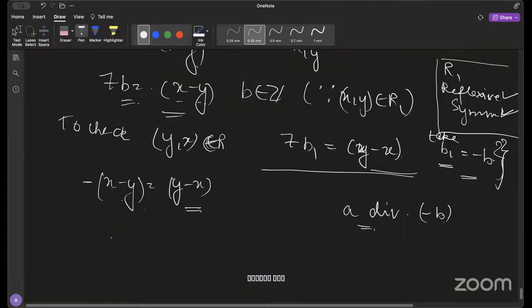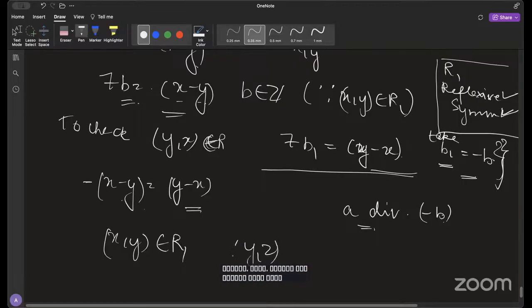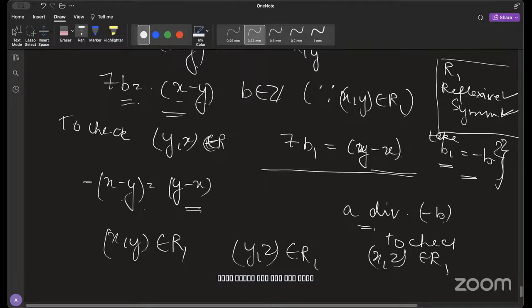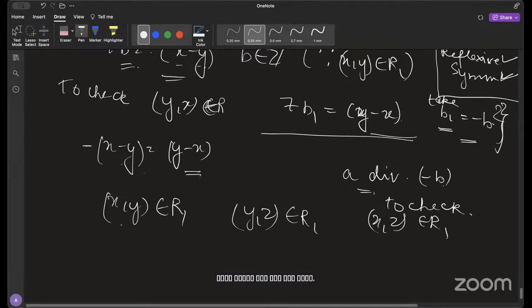Clear. Then we have the third one, which is transitivity. Let's say XY is in R1 and YZ is in R1. So you have to check if XZ is in R1 or not. This symbol is what we use for divide, because I don't want to write divide over and again.